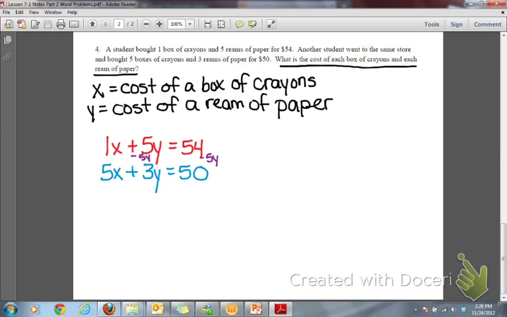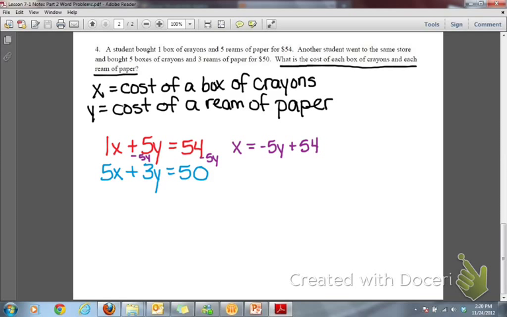So that first equation, remember 1x is the same as x, so it's going to become x equals, and you could write 54 minus 5y. I like to write the y first and put negative 5y plus 54. You could do it the other way, and if you're careful, you should get the same answer.